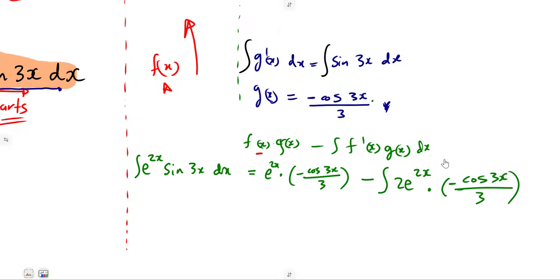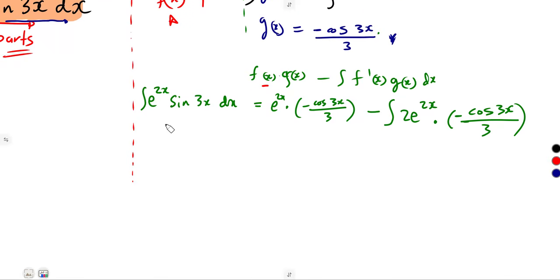Okay, so let's try to simplify before we substitute our integral back into that formula. This is over 1, numerator to the numerator, that's negative e to the exponent of 2x cos of 3x over 1 times 3, which is 3.